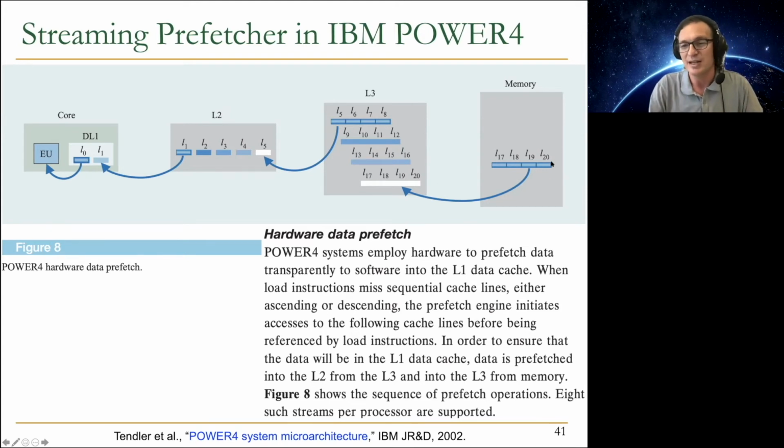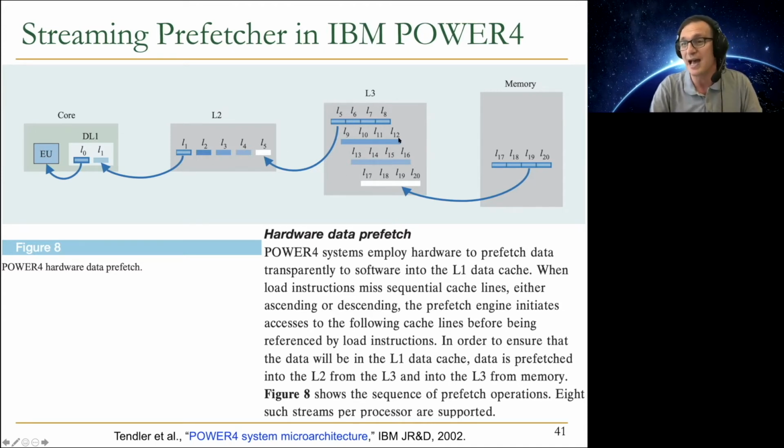Basically, they have prefetchers across the memory hierarchy that see this pattern and bring data from L2 to L1, L3 to L2, and memory to L3. For example, if you look at the L3 access pattern, L3 needs to supply the data I5, I6, I7, I8, and then it supplies I9, I10, I11, I12, and then it supplies I13, I14, I15, I16.